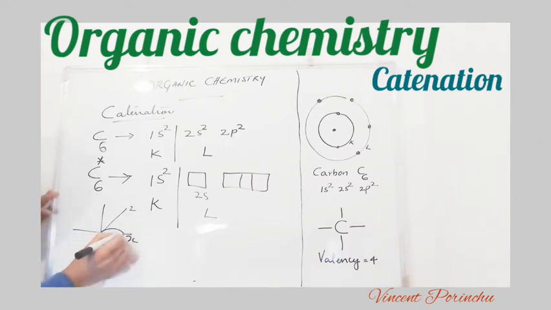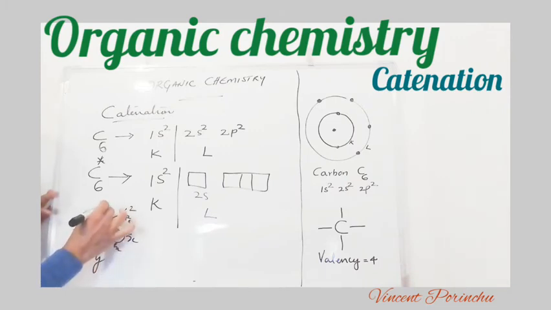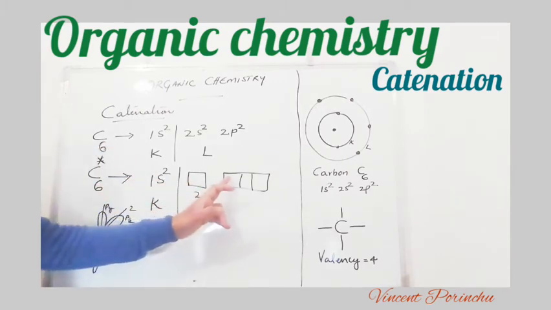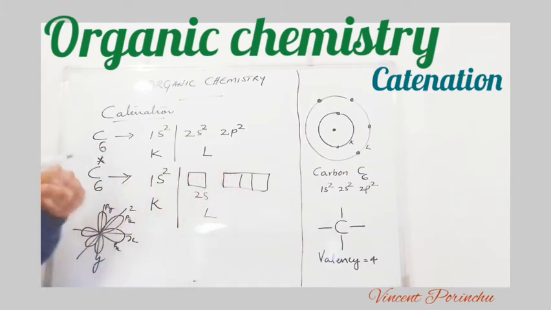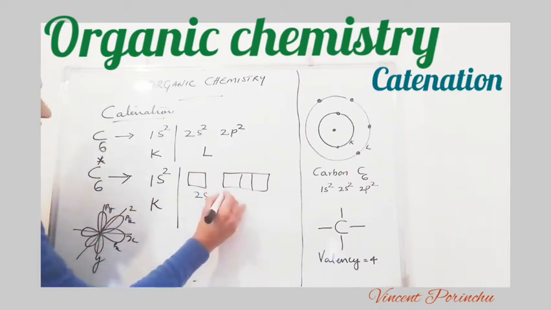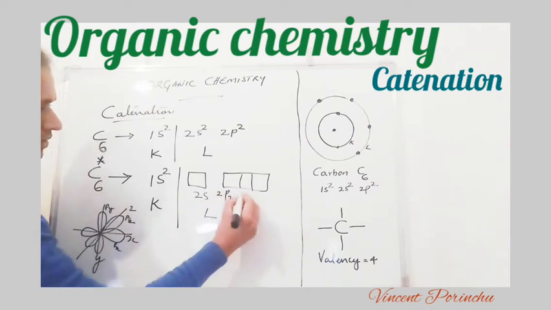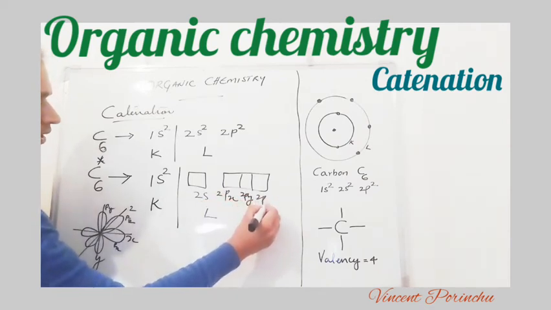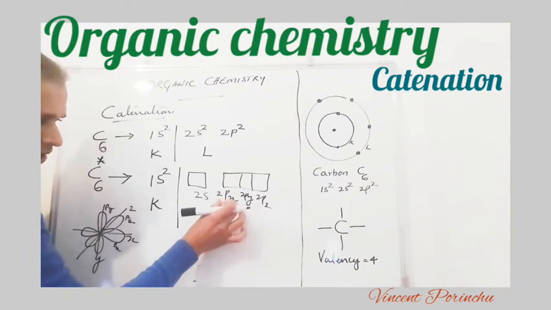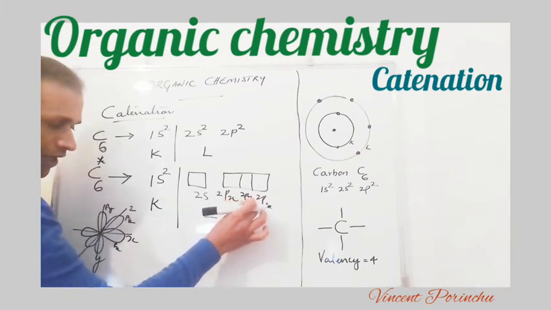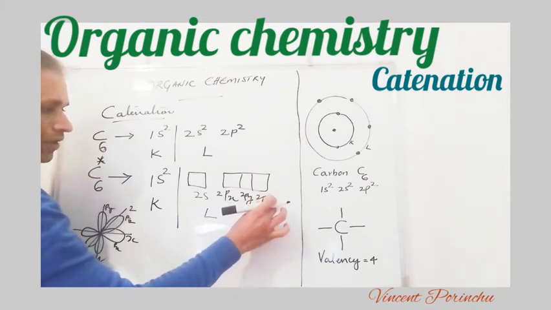One p orbital directed along the x axis is called px, if directed along the z direction it is called pz, and if along the y axis it is called py. So that's why we write the p orbital in 3 orientation forms: 2px, 2py, 2pz. That means p orbital along the x-axis, along the y-axis, and along the z-axis.